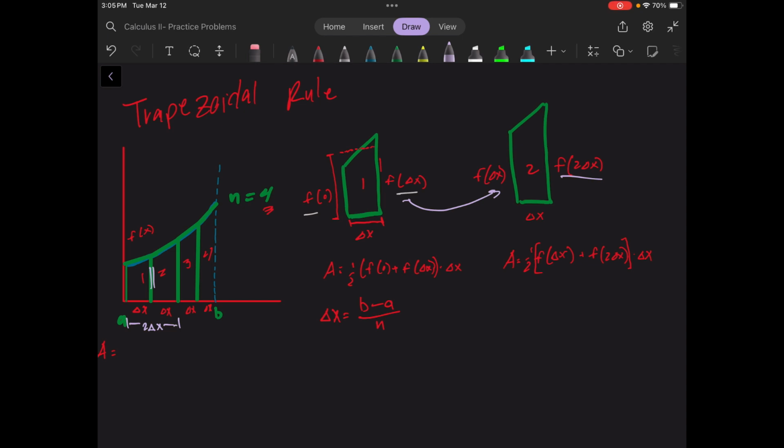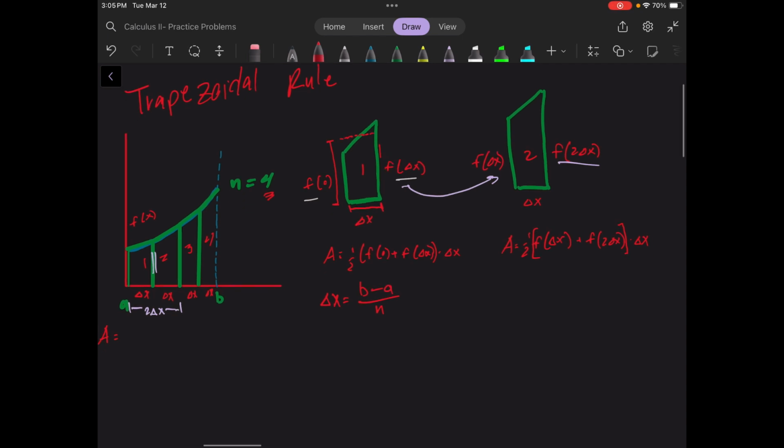Okay, so we can add up all of these trapezoids. We can factor out the 1/2 and the delta x from all of them. That's going to leave us with the first side length, and we have 2 of the second side length, 2 of the third, which is a 2 delta x, 2 of the fourth, which is a 3 delta x, and finally 1 f of that last 4 delta x.